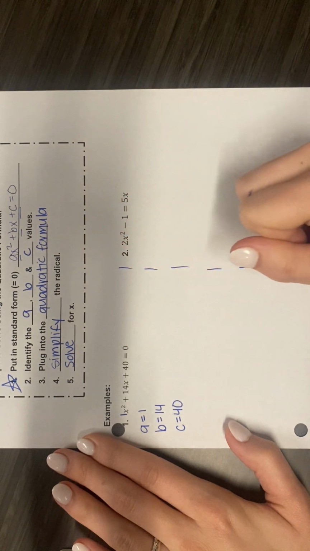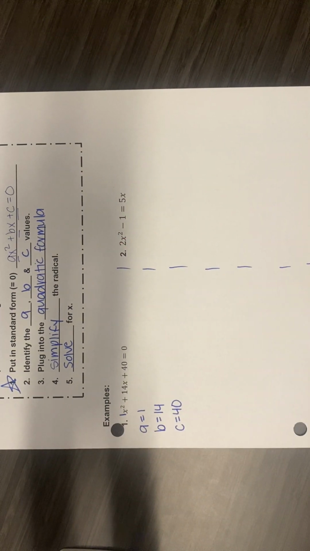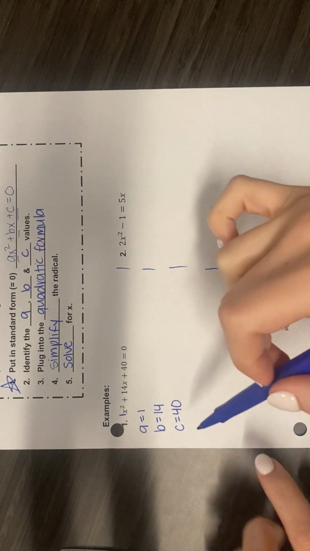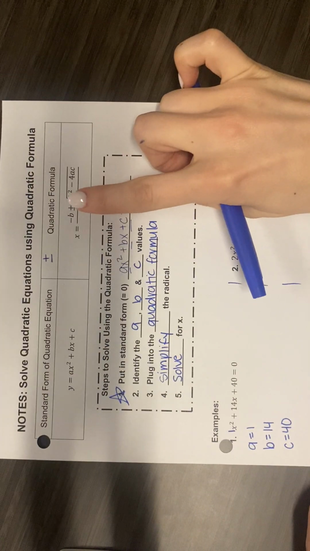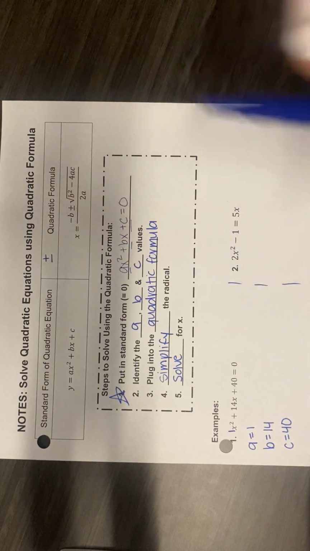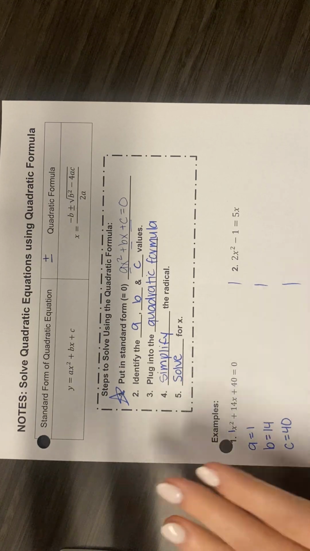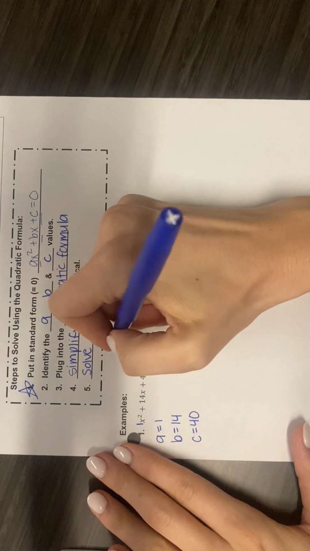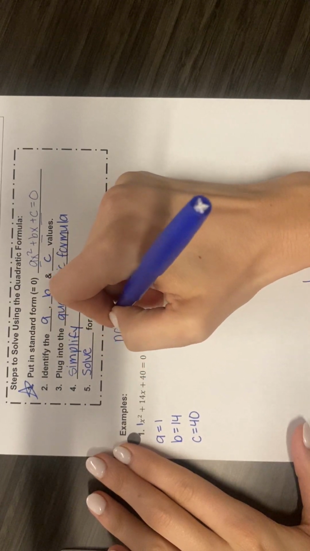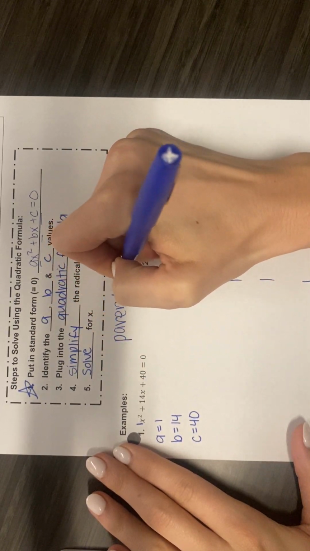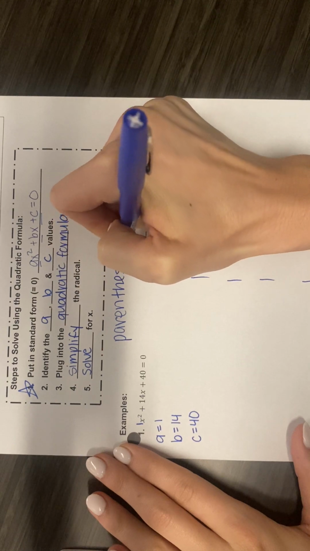Okay? Now, all you're gonna do is take these and plug them into this formula right here. But don't forget, anytime you plug something in, you have to put parentheses around it. So right here, I'm gonna write the word parentheses.